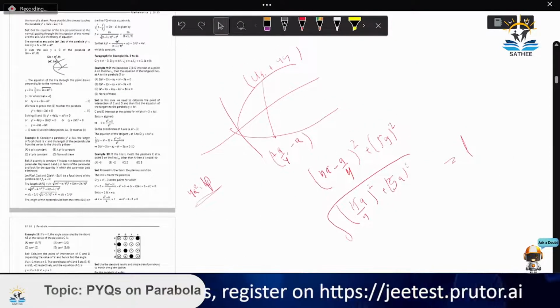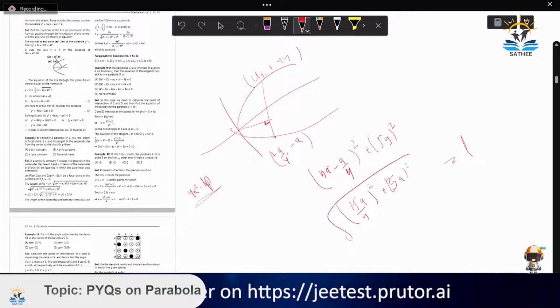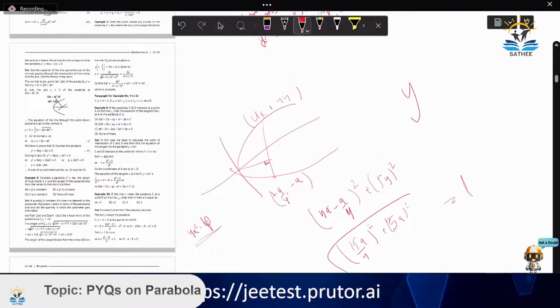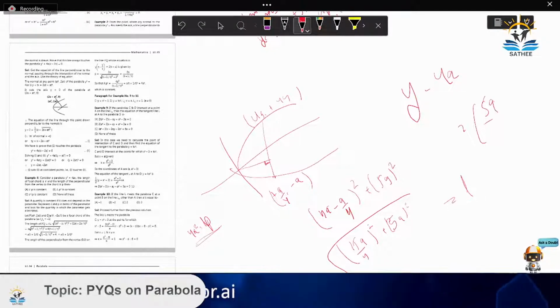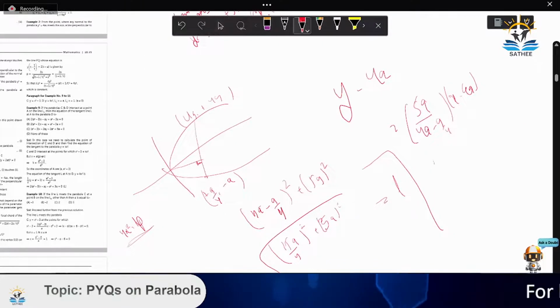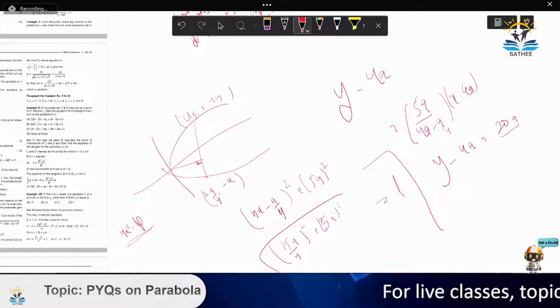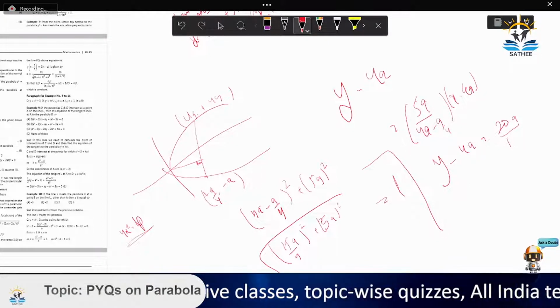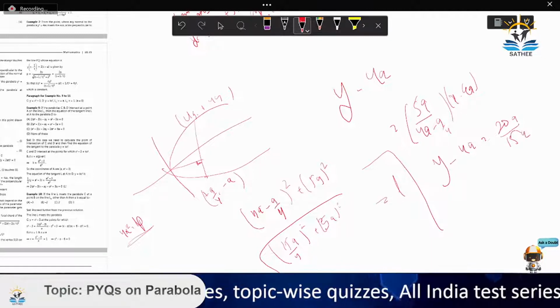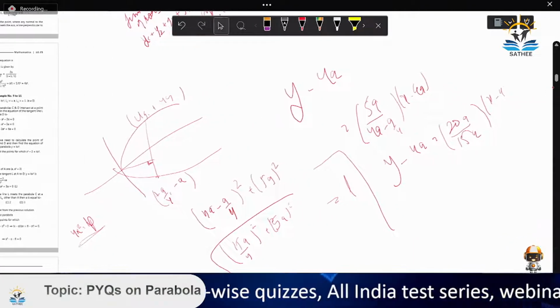Now the perpendicular distance. Let me calculate the line's equation. Y minus 4a is equals to 20a by (16 minus 1, which is 15a)... so it is 15a by (x minus 4a).